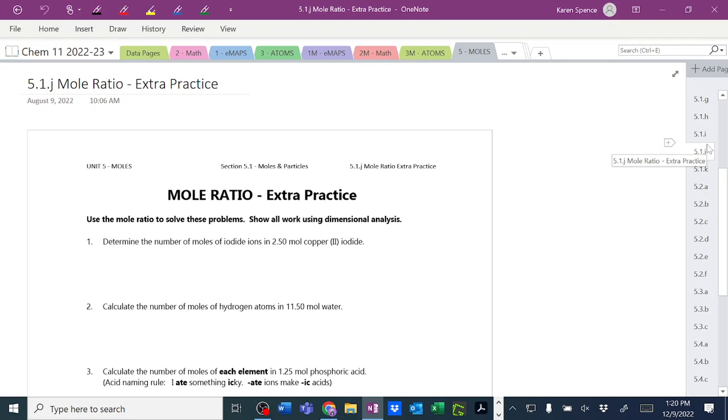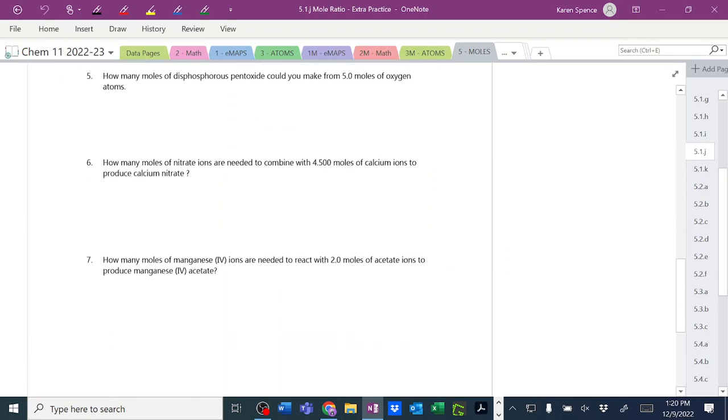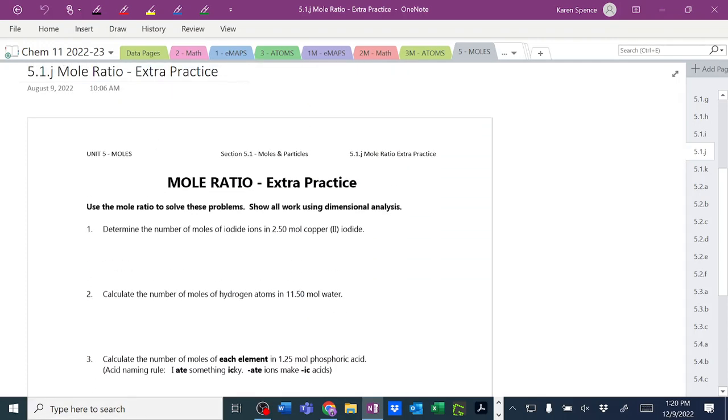You could do page 29 and 30. That would be a good place to start if you're feeling okay with that. And maybe just do every other question, or do it until you feel good about it.